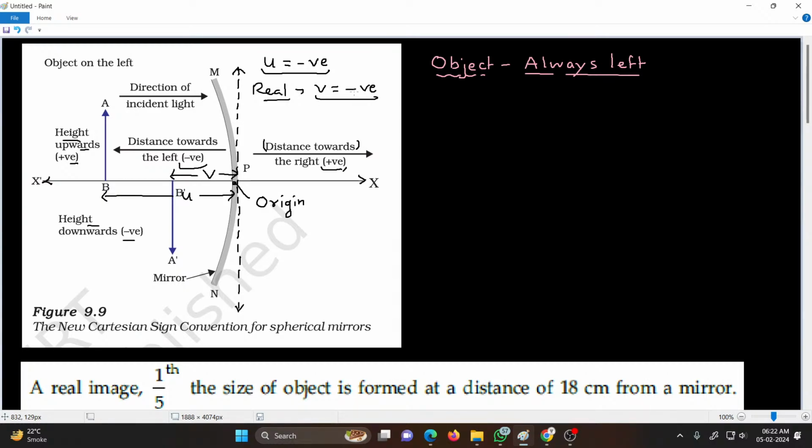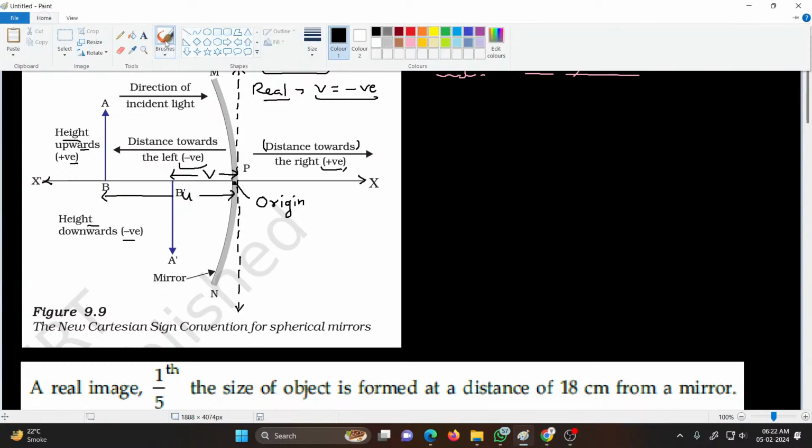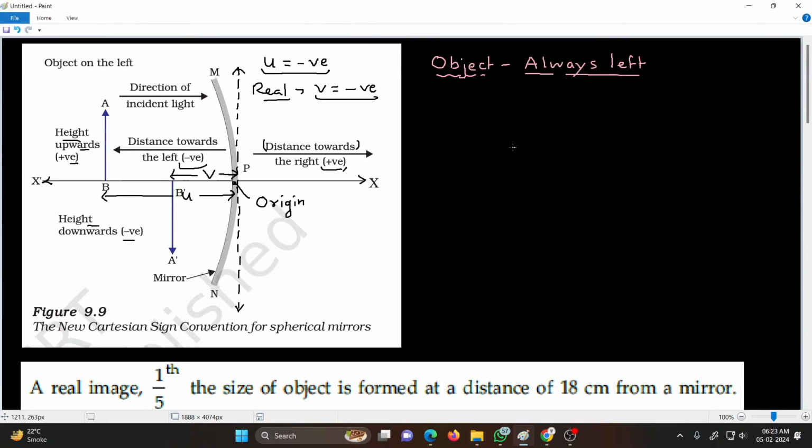If you look at the focal length, if we take a concave mirror, you will see that the focus will be on the left side of the mirror, and for the convex mirror it will be on the right side. So if the mirror is like this, then the focus will be on the right side, and if we have a concave mirror, the focus will be on the left side.